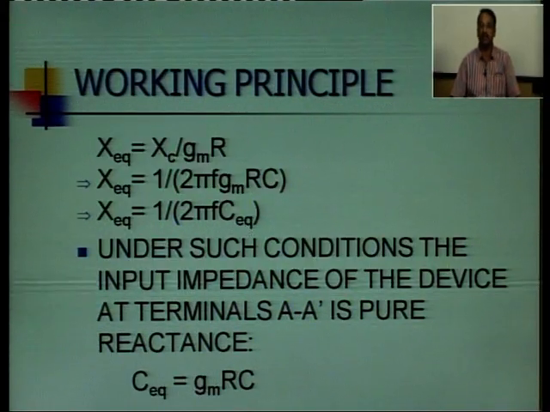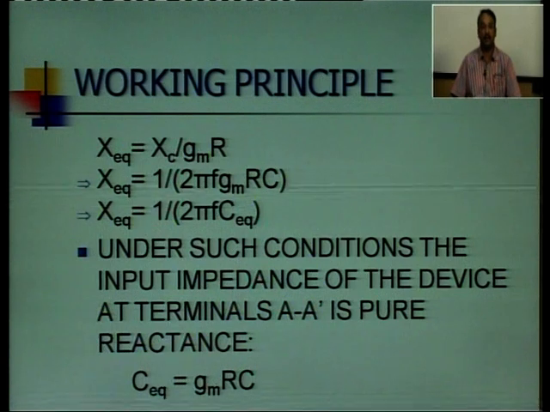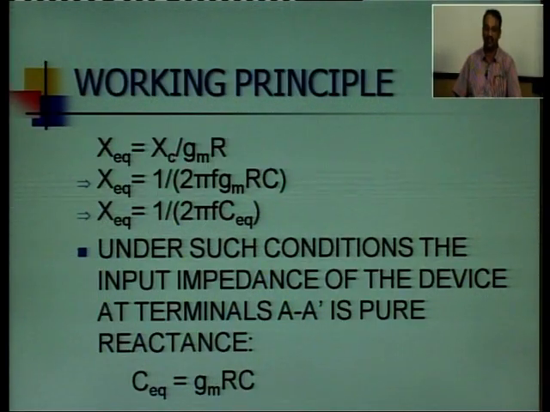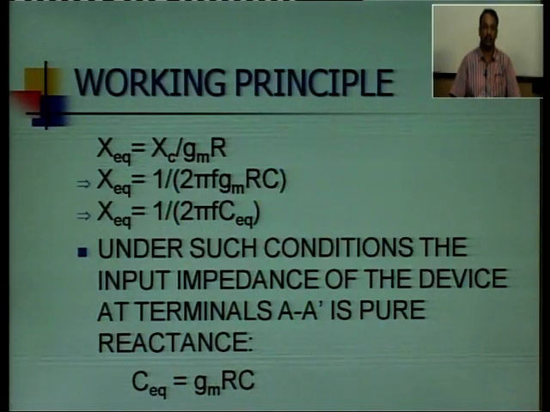So, from this expression we get that this arrangement of FET acts as a variable capacitive reactance. Under such conditions, the input impedance of the device at terminals A and A dash is a pure reactance, that is C equivalent is equal to Gm into RC.